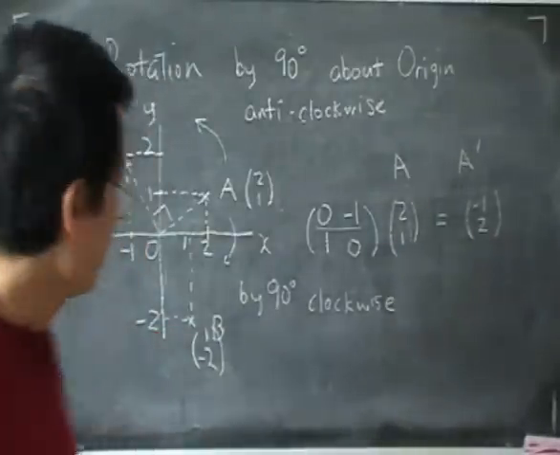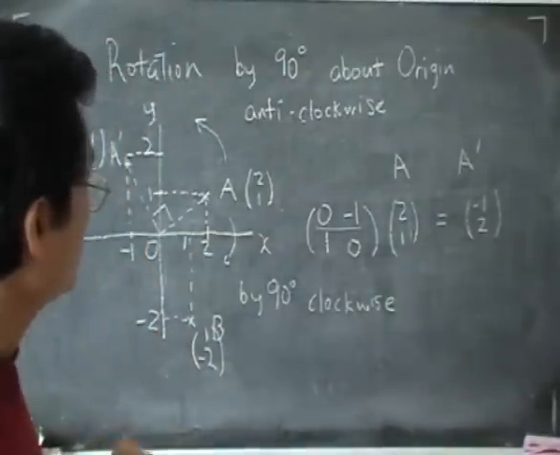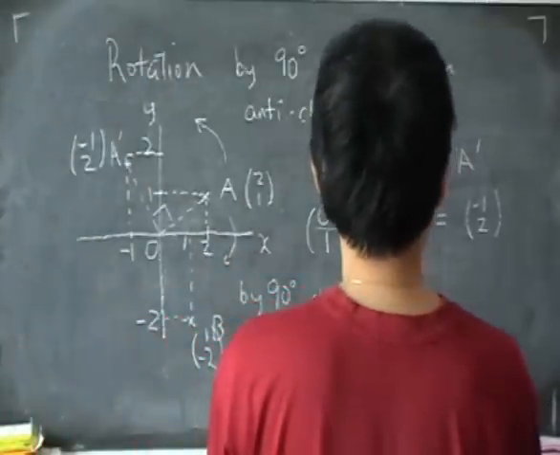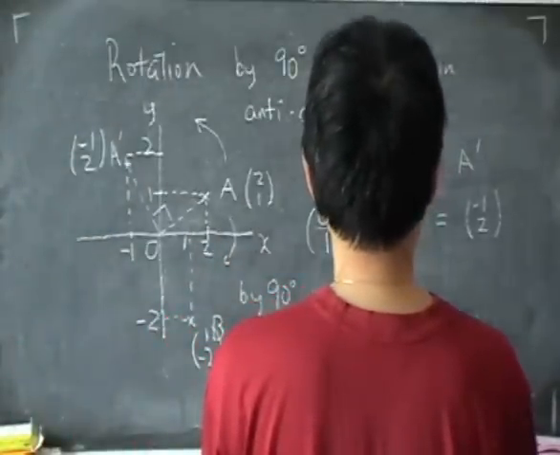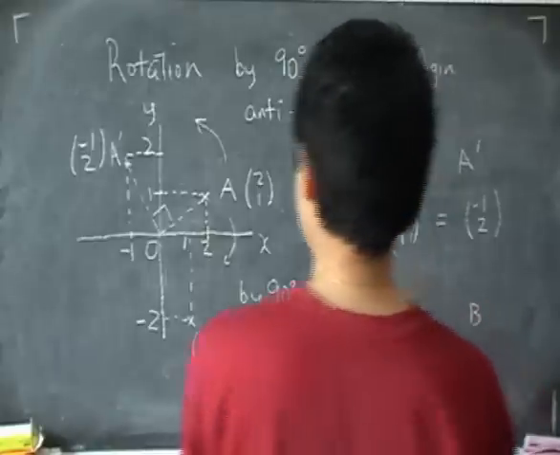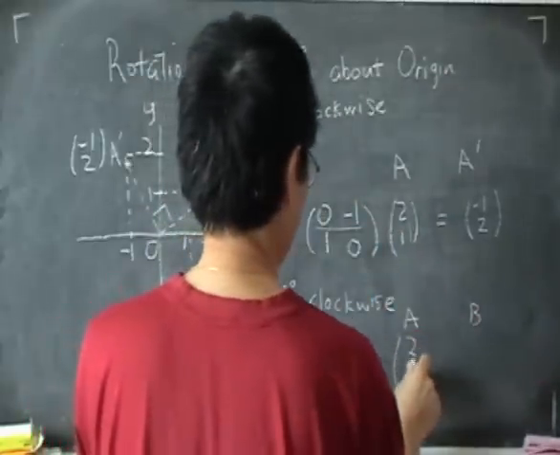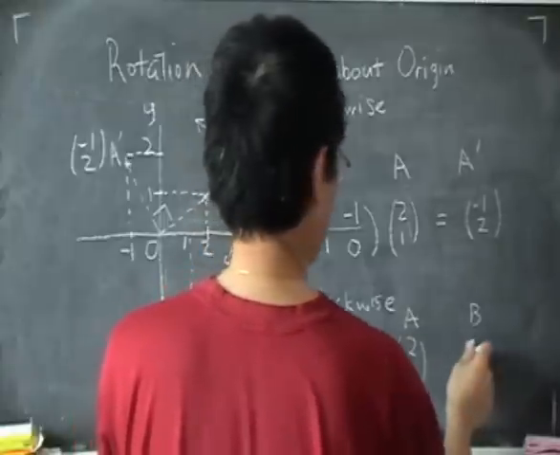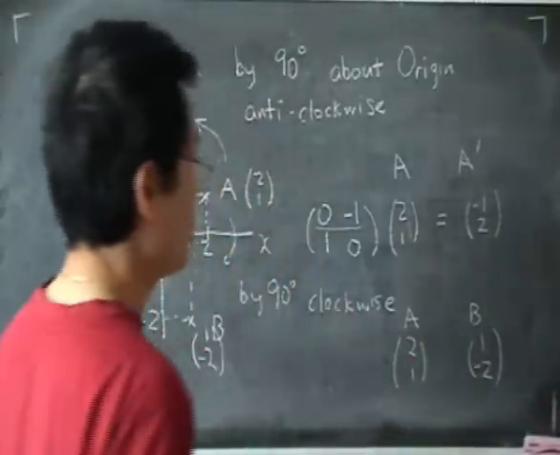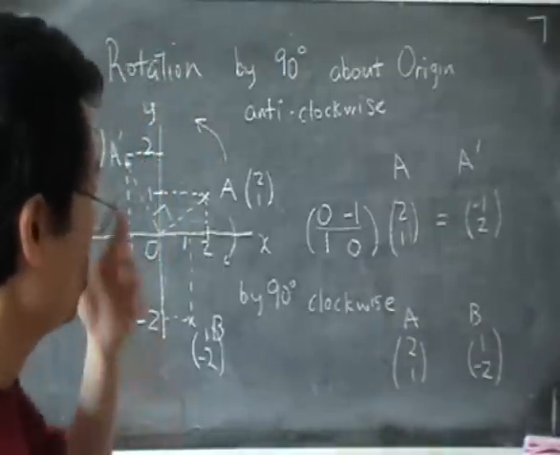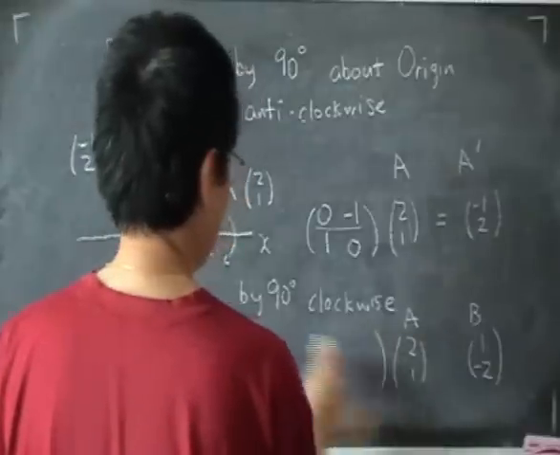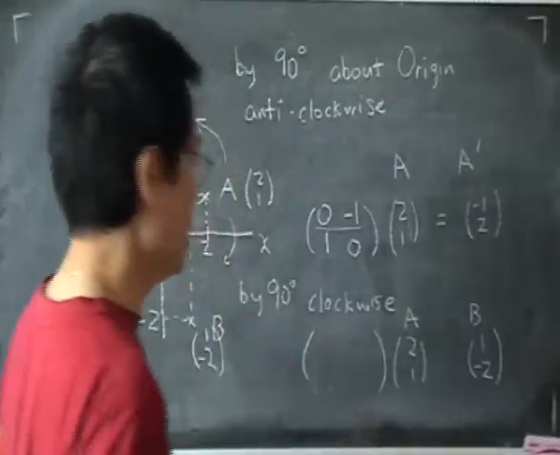Same idea as before. And using the matrix, A goes to B. Alright, so 2, 1 is supposed to go to 1, minus 2. And we want to check this using the matrix multiplication. So we need to first get a matrix.